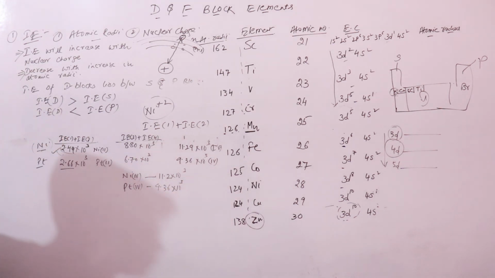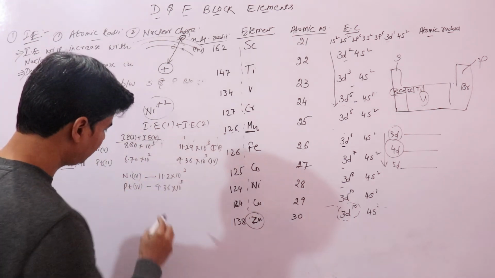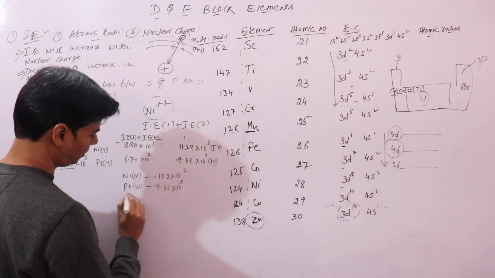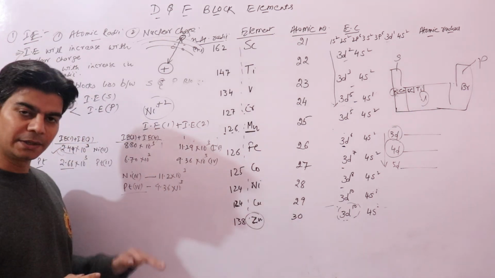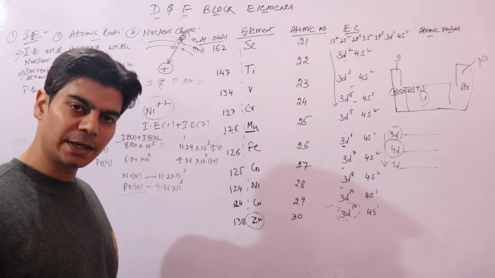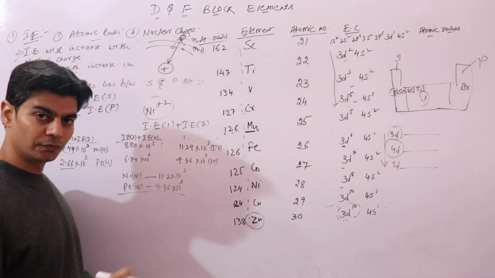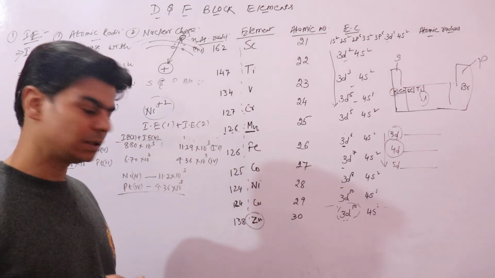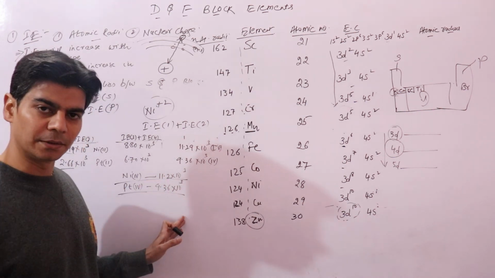So here, in order to reach +4 oxidation state, you are giving less energy in case of platinum, right? So compounds of platinum where its oxidation state is 4 are more stable, whereas compounds of nickel where its oxidation state is 4 are less stable compared to platinum, right?